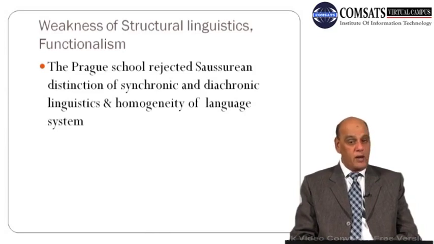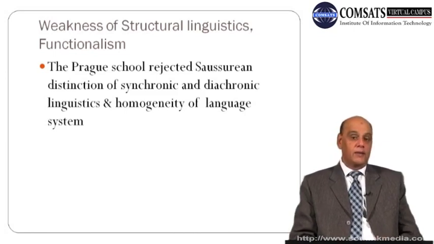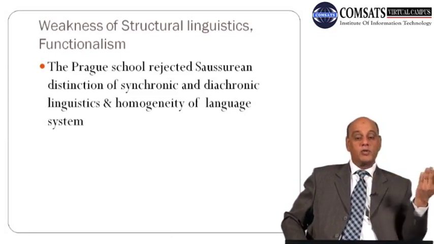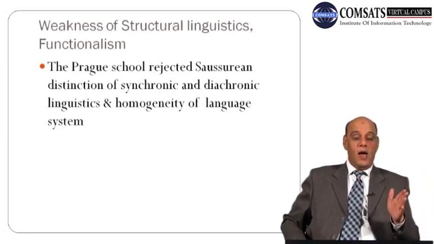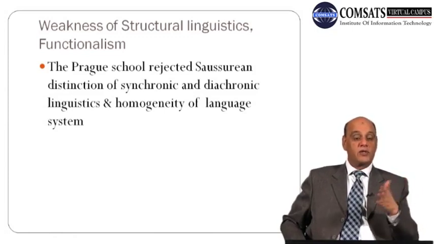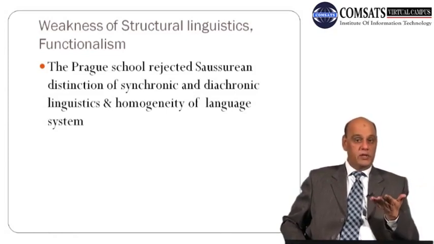What did Prague school say? They criticized Saussure's distinction of synchronic and diachronic. They rejected this idea of studying the language in synchronic and diachronic approaches, and they said that language is not homogeneous, language is heterogeneous, there are variations in language.